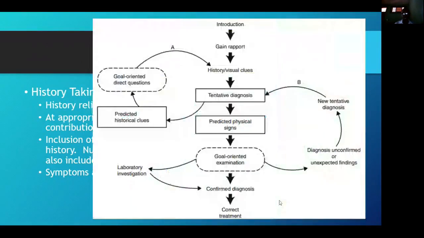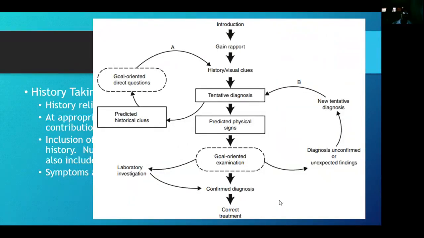So when we take history, the first thing we have to do is to gain appropriate rapport with the child. Once we have introduced ourselves well, we gain rapport with the child. And one thing about care of children is that you need children to really be friends with you before you are able to attain their trust.